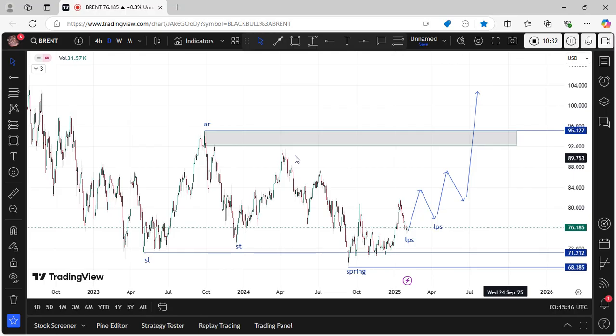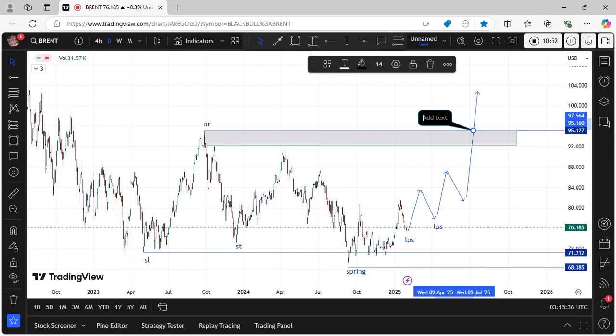This is your breakout zone. When price goes beyond this trading range, this becomes your breakout point, which I'm going to represent as BRK.